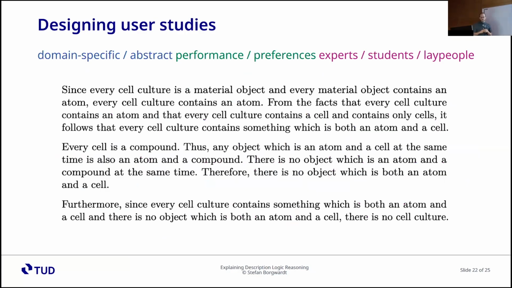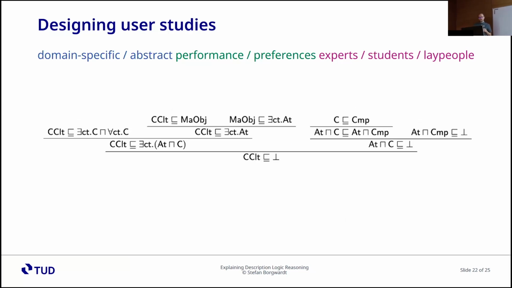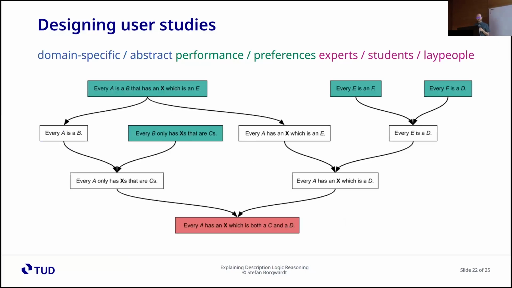Yeah, in these user studies, we were basically, as I said, trying different formats of proofs. For example, if you don't have experts in description logic syntax, you can try to just write a text out of the proof with some templates, or you can show them in a more classical way where you have to abbreviate the concept names because otherwise it would get much too large.